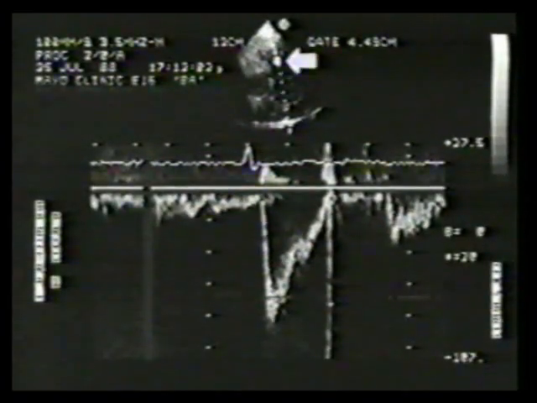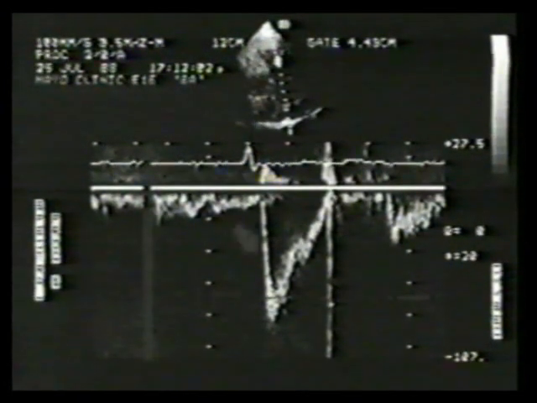A pulsed wave sample volume is positioned in the right ventricular outflow tract with the cursor approximately parallel to the expected flow direction. The velocity spectrum has a very early peak, and there is also notching of the deceleration slope. Both of these features are typical for significant pulmonary hypertension.